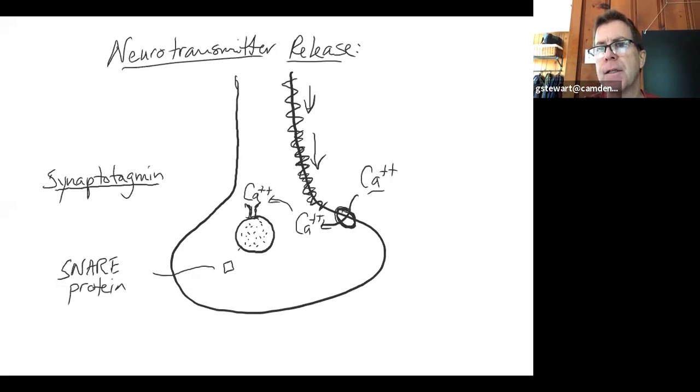Now this can bind to a SNARE protein and it changes shape again, and it literally causes this whole vesicle to migrate to the edge of the axon terminal. It still has its proteins on it, and they're bound to the SNARE proteins.